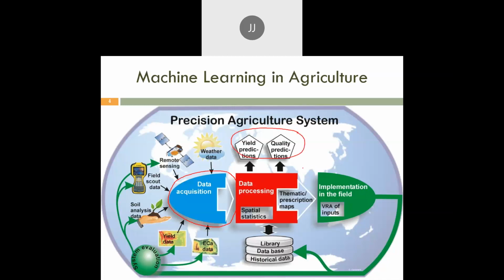Based on the knowledge that we get, we can implement policies or strategic plans in order to increase food production or to sustain food security. So this is the application in precision agriculture.